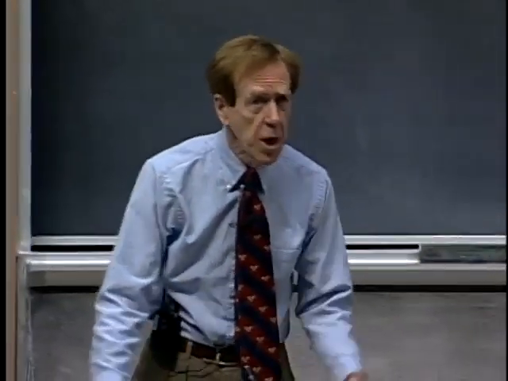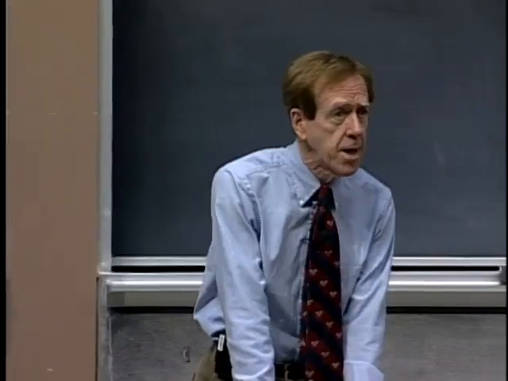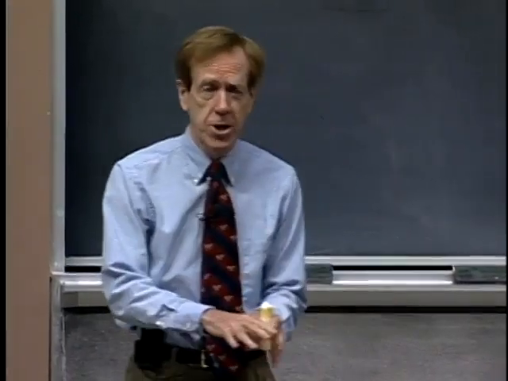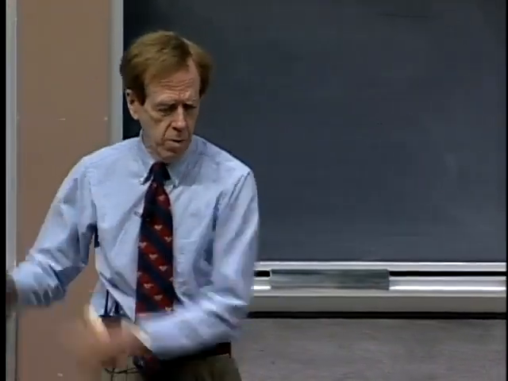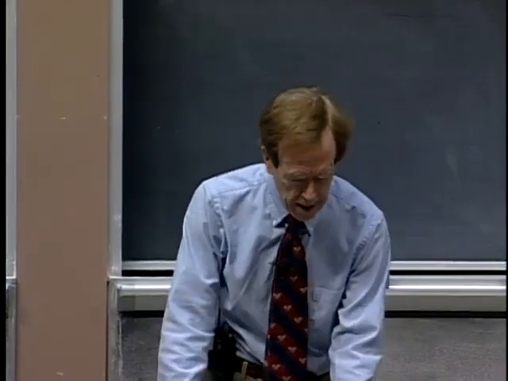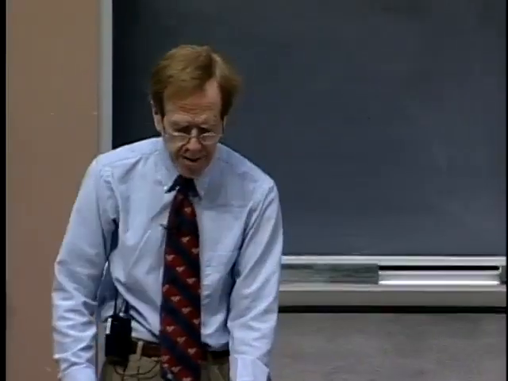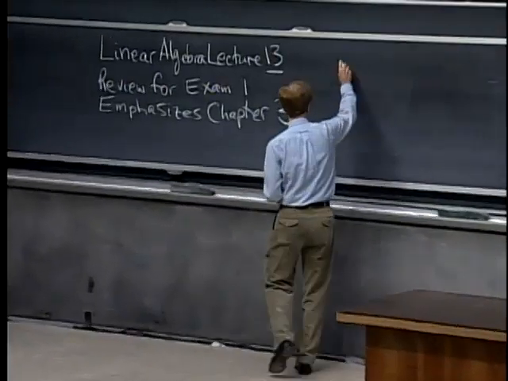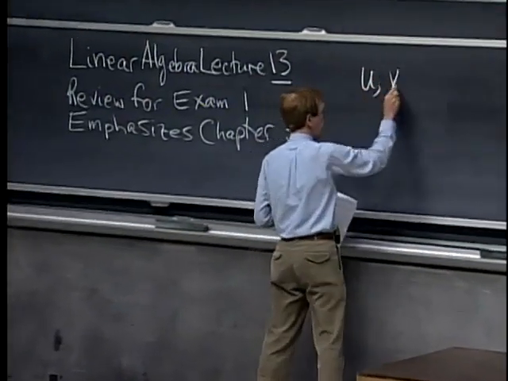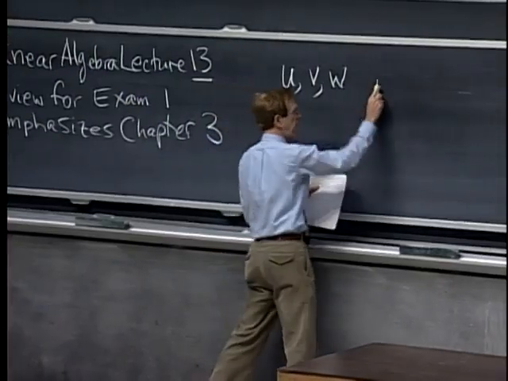Okay, I'm thinking, to start at least, I'll just look at old exams, read out questions, write on the board what I need to, and we can see what the answers are. The first one I see is one I can just read out. Suppose u, v, and w are non-zero vectors in R^7.